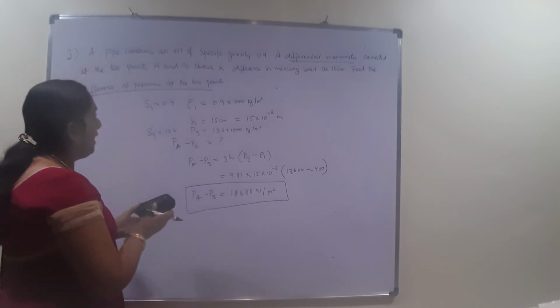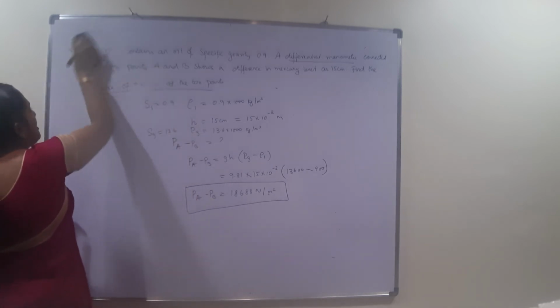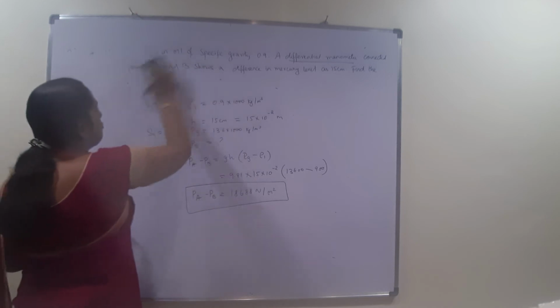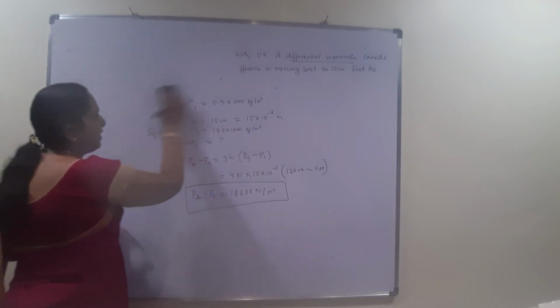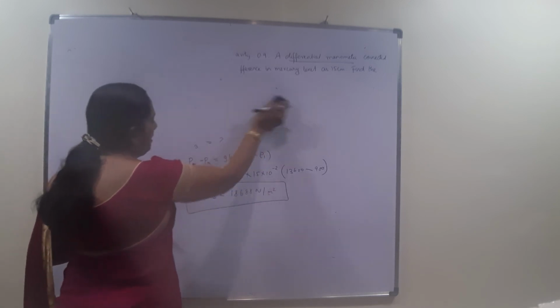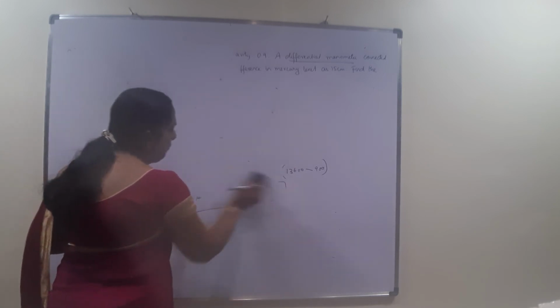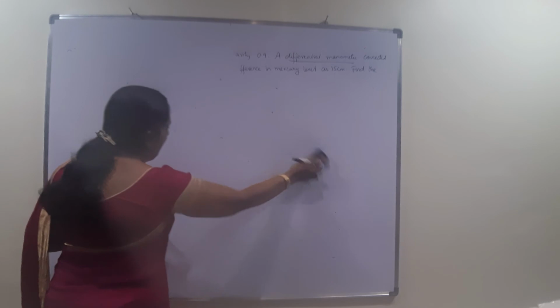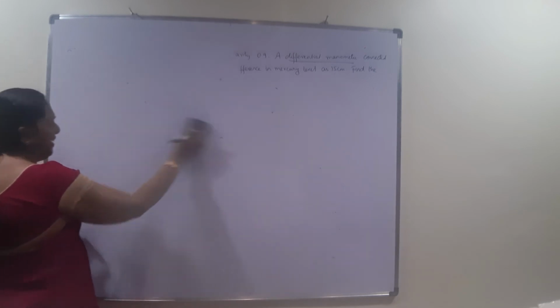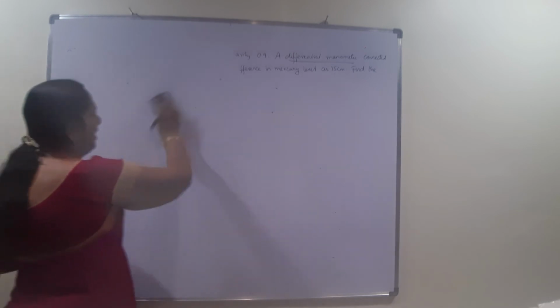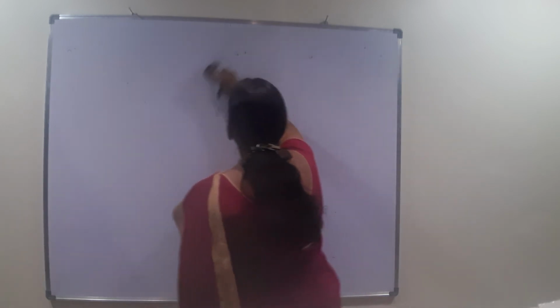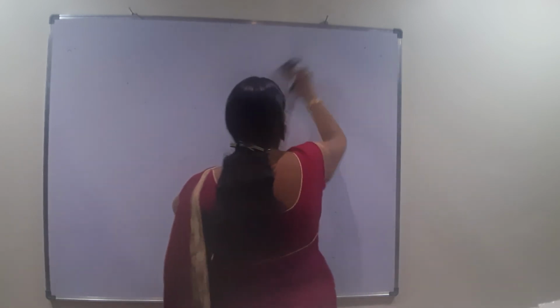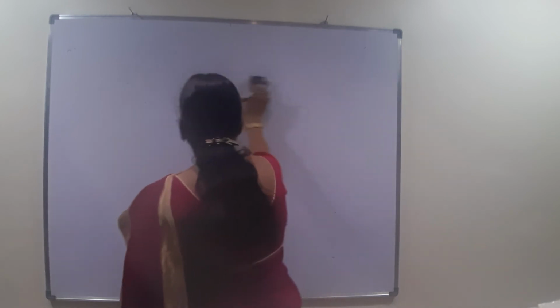Okay, so now we will go for the next type of differential manometer. So far we have seen a differential manometer that measures the pressure difference between two pipes, whether at the same level or at different levels. Am I right? So the next type of differential manometer is the inverted U-tube manometer. Here we will see the derivation, how we find the pressure difference with this inverted U-tube manometer.